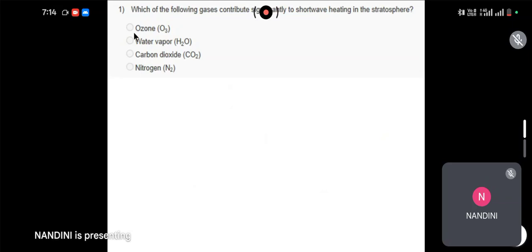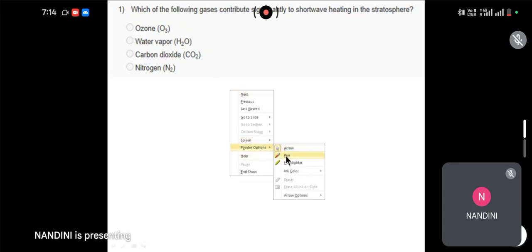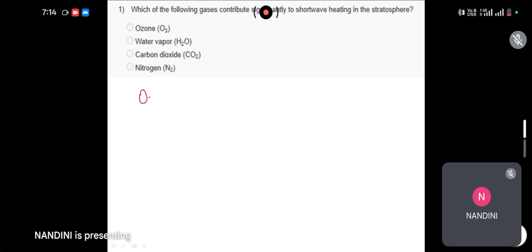We know that water vapor, carbon dioxide, and nitrogen are transparent to the incoming solar radiation, whereas ozone is the only gas which absorbs the UV radiation, and which is the reason for the temperature profile of the stratosphere, which increases with height, different from the troposphere, where we have a decrease with height. So the answer is ozone. Ozone is the gas that contributes significantly to the shortwave heating in the stratosphere.